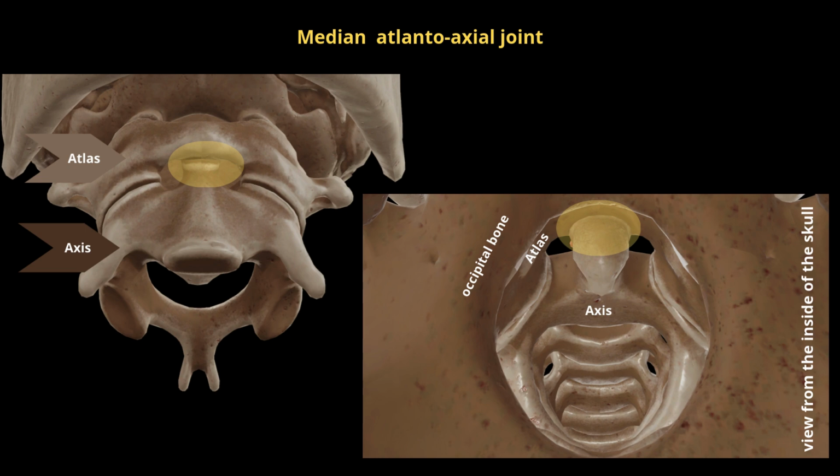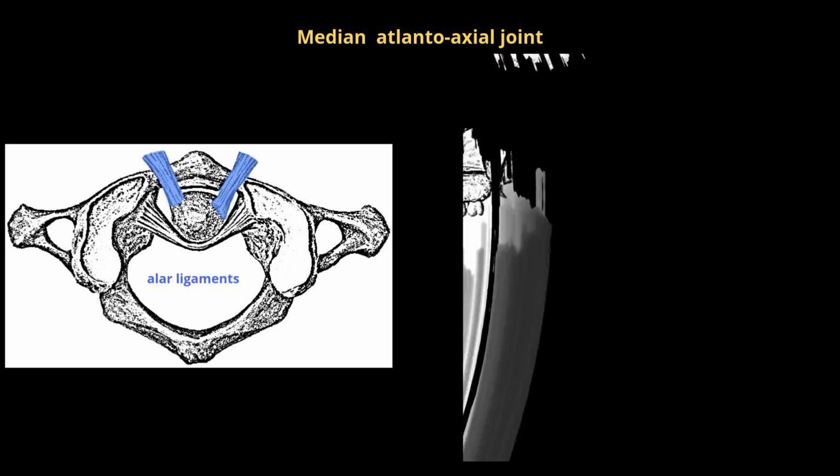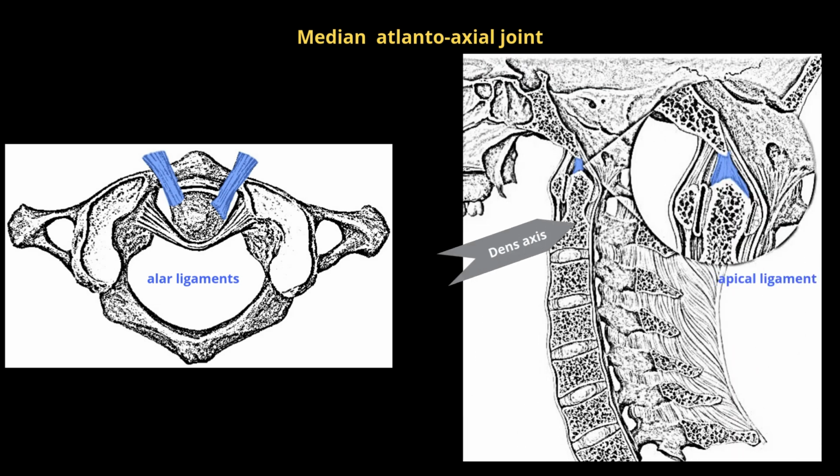Lateral to the articular facet of the dens on each side is a rough impression that serves as an attachment point for the alar ligaments, which connect the dens to the tubercles on the medial sides of the occipital condyles. The apex of the dens axis is slightly pointed and provides attachment to the apical ligament, which connects the dens axis to the anterior margins of the foramen magnum.